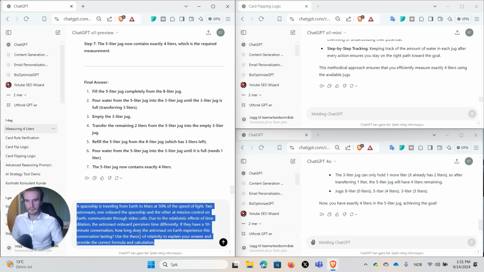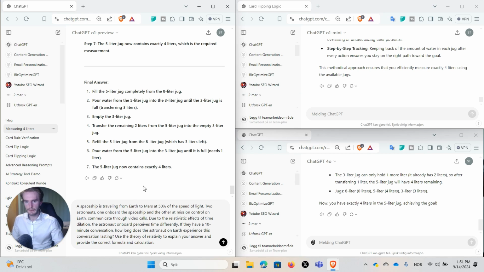Okay, so now the new prompt is: a spaceship is traveling from Earth to Mars at 50% the speed of light. So this is basically a multi-layered hypothetical scenario. Two astronauts, one on board the spaceship and the other at mission control on Earth, communicate through video calls.